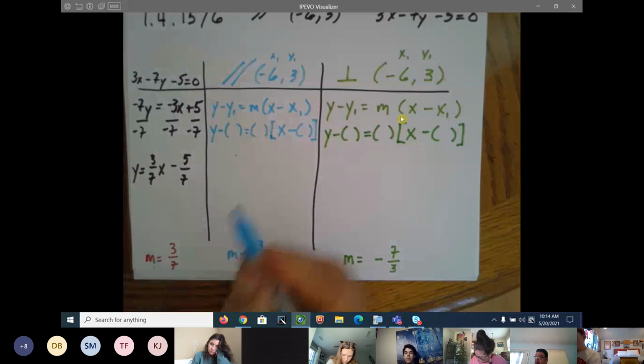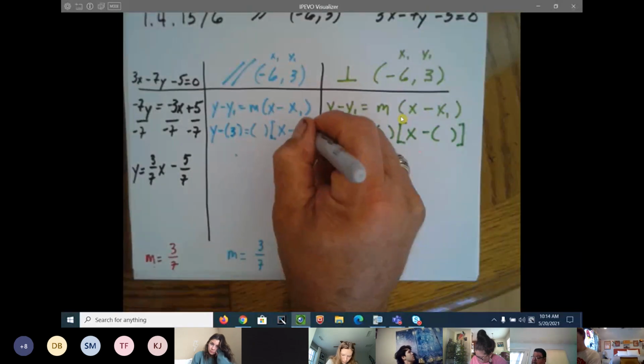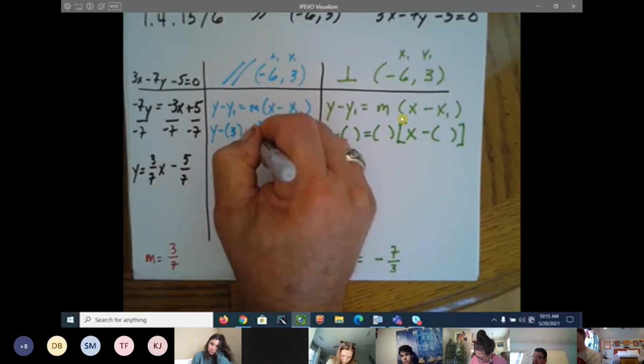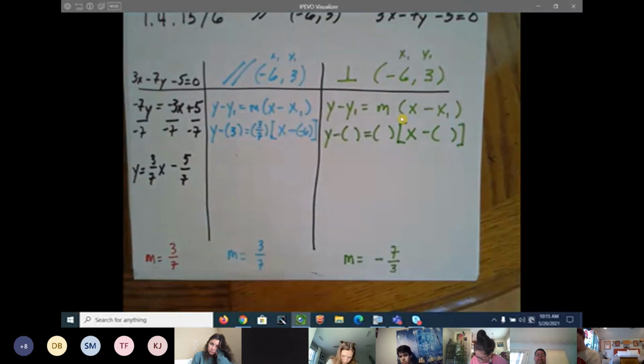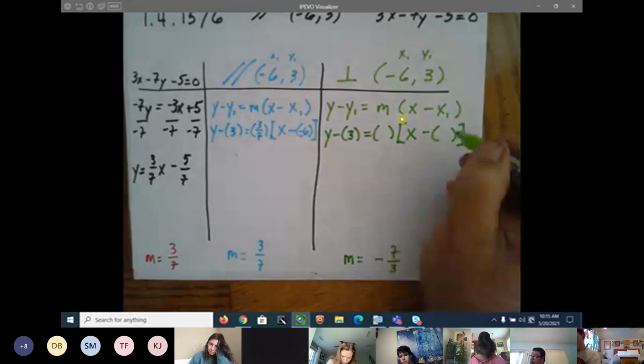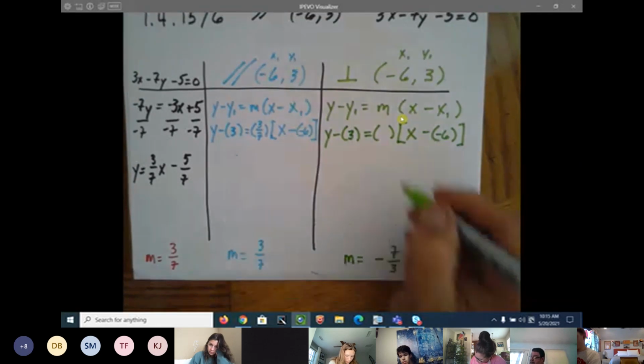And here, I'm going to plug in a 3. Here, I'm going to plug in a negative 6. And here, I'm going to plug in 3 over 7. Here, I'm going to plug in a 3. Here, I'm going to plug in a negative 6. And here I'm going to plug in negative 7 over 3.